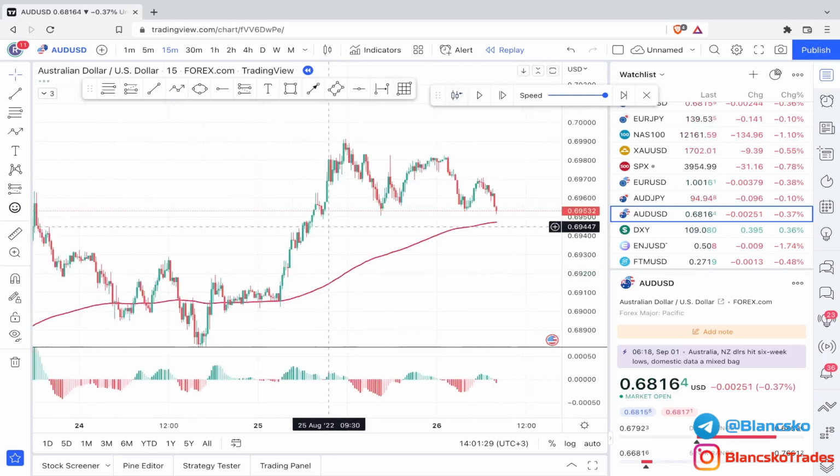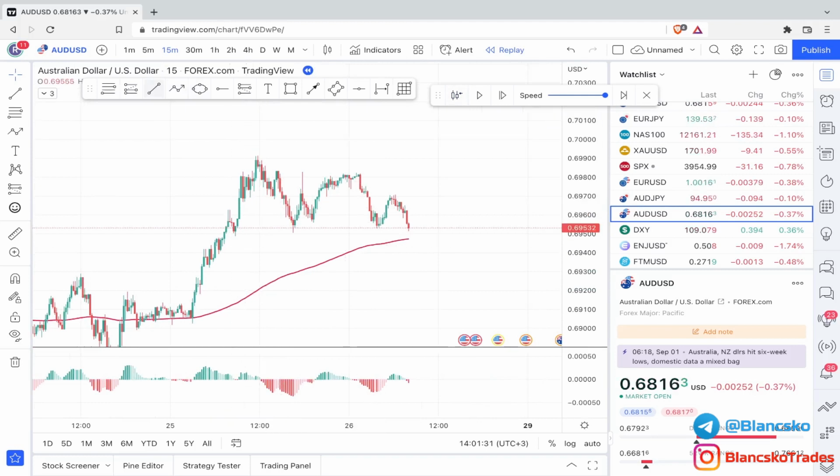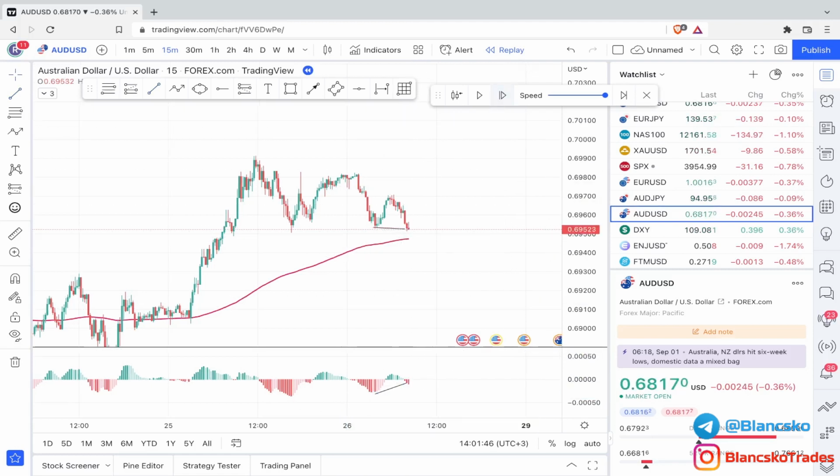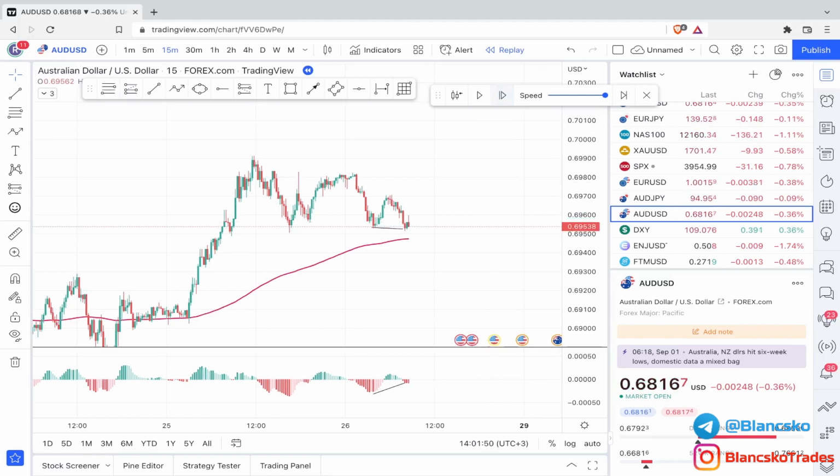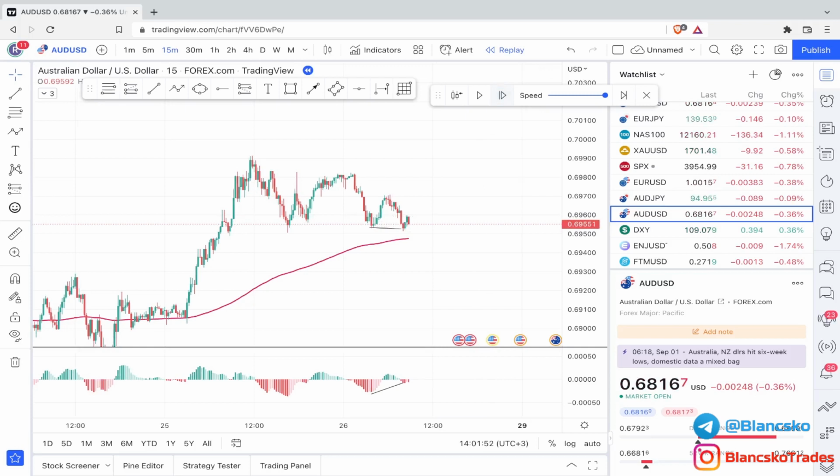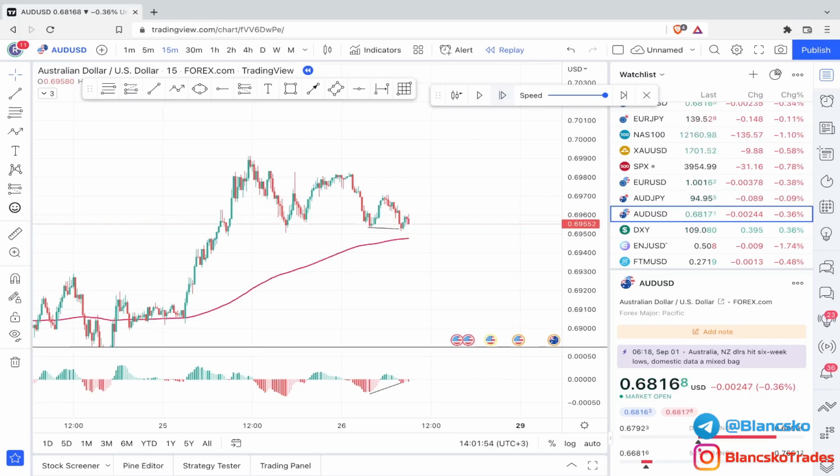It's very clear to see that we created a lower low on the chart, but on the MACD we created a higher low. So the divergence is created. Now all we need to wait for is the crossover on the MACD. Let's wait to see when we get it. Not yet.